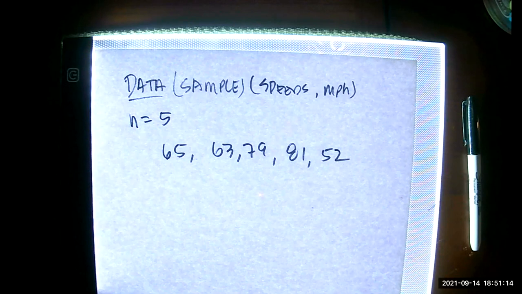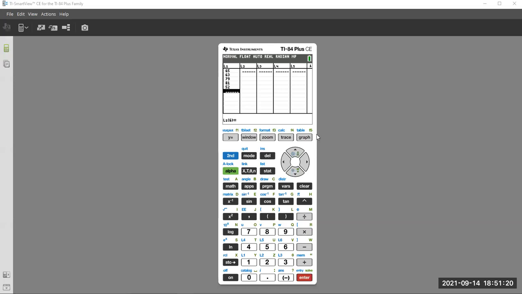There we go. Sorry about that. Let me try this again. All right. So let me just go through that again. I clear and I hit enter and we're done.